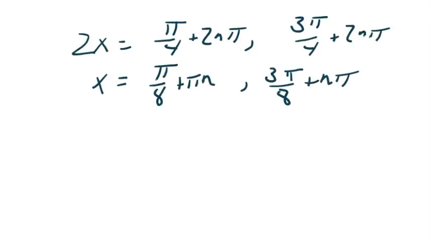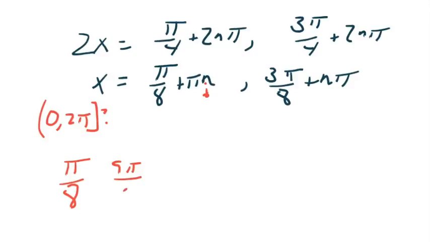Now, we need to go through the exercise of saying, let's let n be 0, so that means pi over 8. Is that in the interval 0 to 2 pi? Well, sure, pi over 8 is in the interval, so that's a valid solution. Let's let n be 1. Pi over 8 plus pi, that's 9 pi over 8.